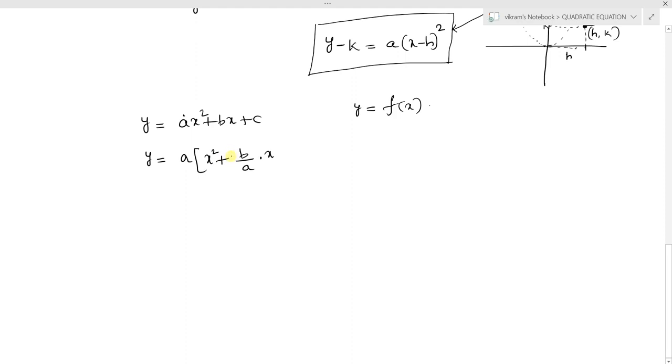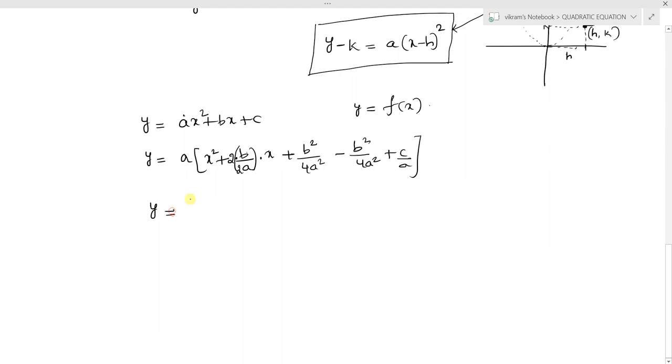This can be written using a square plus 2ab, with b by 2a, adding and subtracting b square by 4a square, plus c by a, since we took a as common.